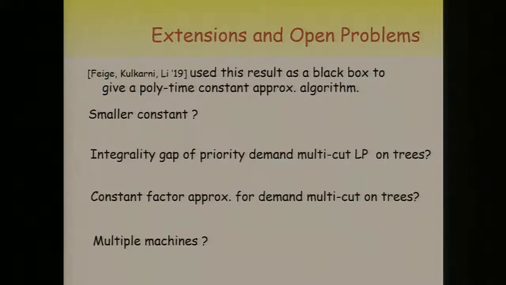And of course, one major open problem is that I just talked about one machine, but what can you say when I have 2 machines, even when all the weights are 1? Can you give a constant approximation there? One point I did not write: when I say smaller constant, it's possible that you can even get a PTAS here. Even that is not known.